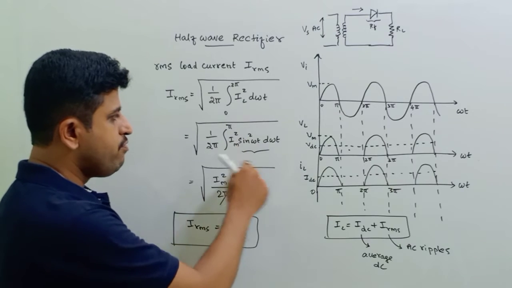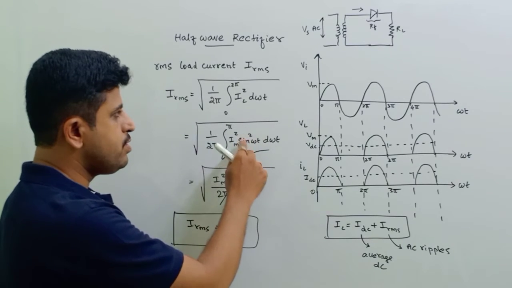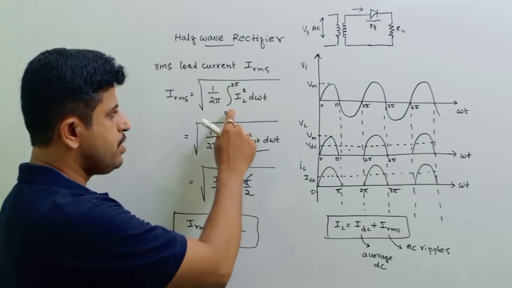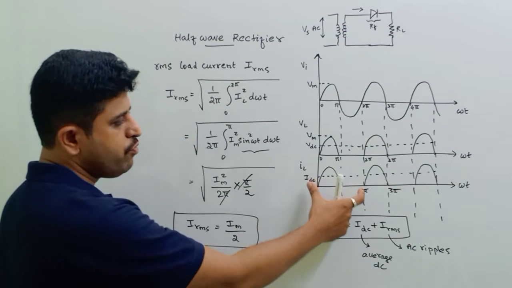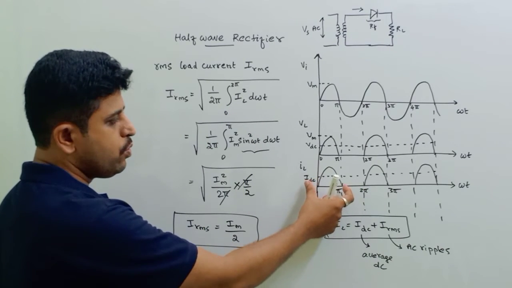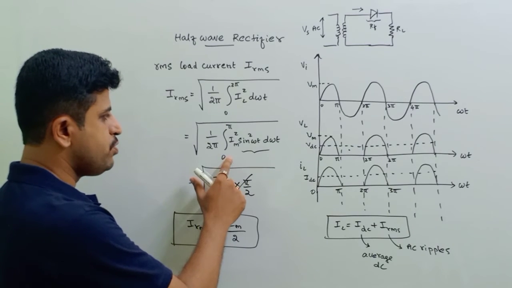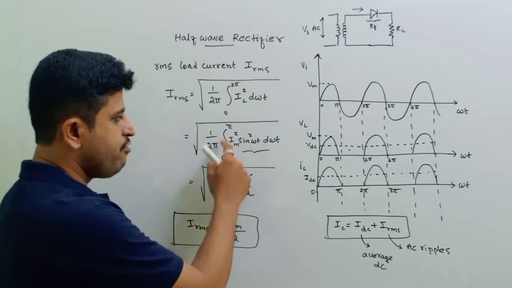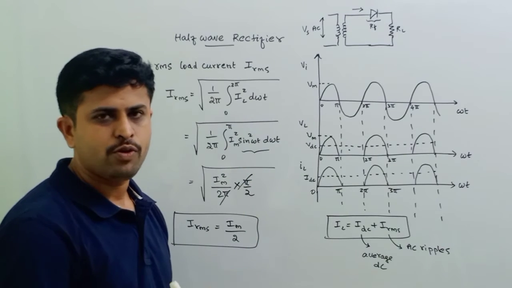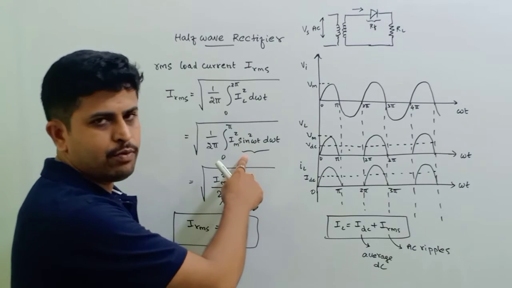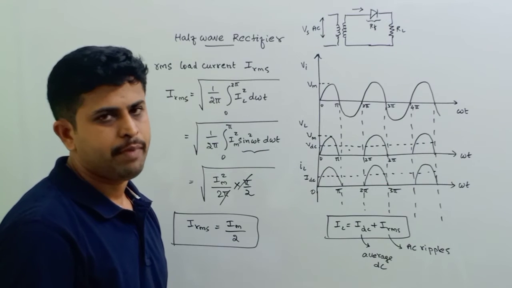Before simplifying this, we change the limits. Here we have taken the limits for one full cycle, but the load current exists only for the positive half cycle, so we change the limit from 0 to pi here. Then if we solve this, you can solve this even using a calculator or just do it manually.